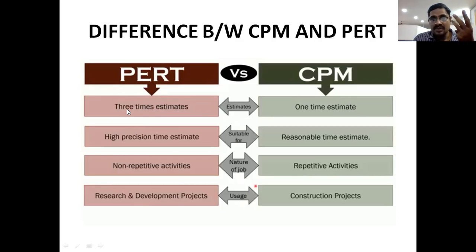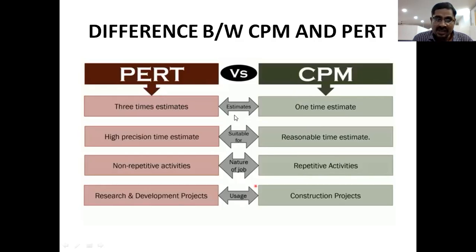Optimistic time means the shortest time, and pessimistic time means the longest time for each and every activity of a project. So finally, three time estimations for each and every activity in PET, but only one time estimation for each and every activity in CPM. This is another difference between CPM and PET, right?